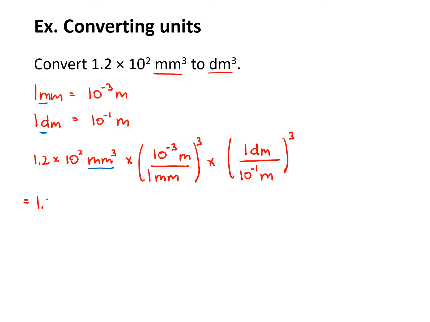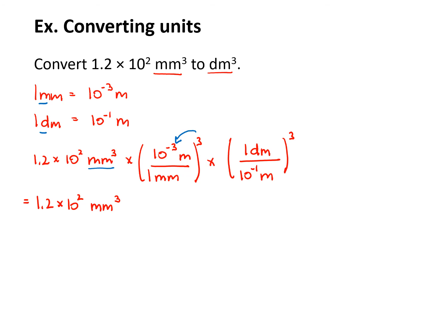So here we have 1.2 times 10 to the power 2 cubic millimeters, which is the value that was originally given in the question. Now, if we want to expand out the brackets, you'll notice that we have an exponent raised to the power 3. You might remember from high school math that when you have an exponent raised to the power 3, you simply multiply the exponents together.